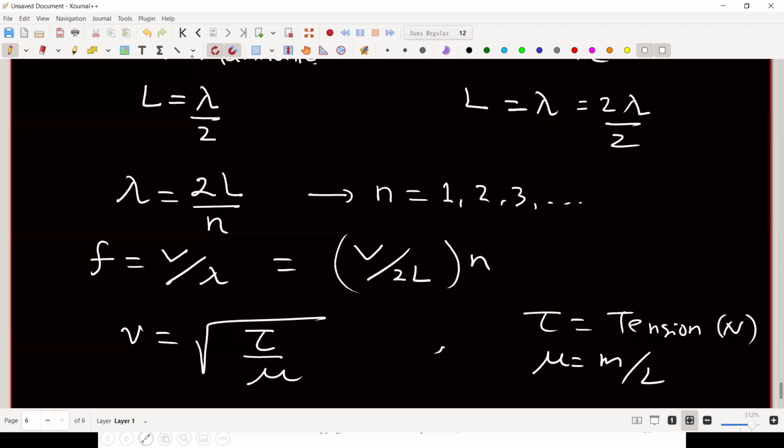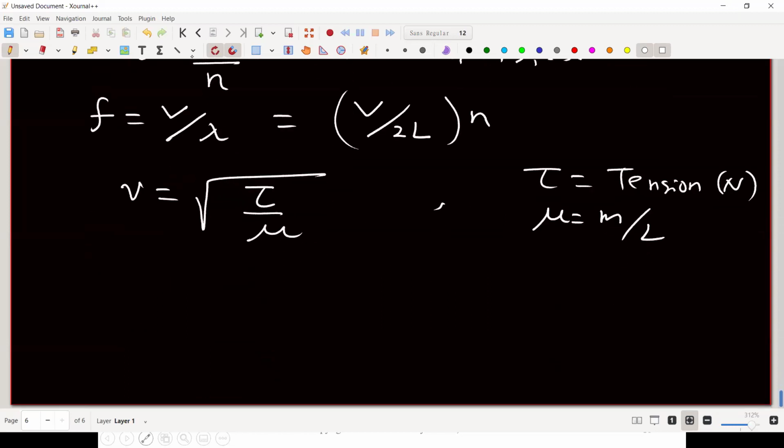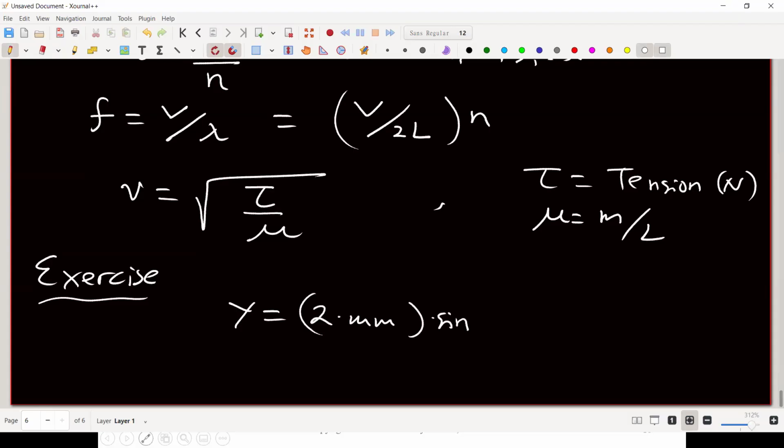Okay. I think we can take the exercise. For example, if we have the equation of a transverse wave, y equals 2 millimeters times sin(20x minus 600t).